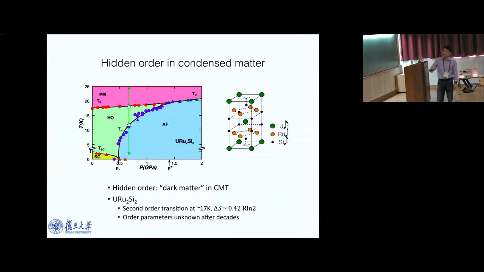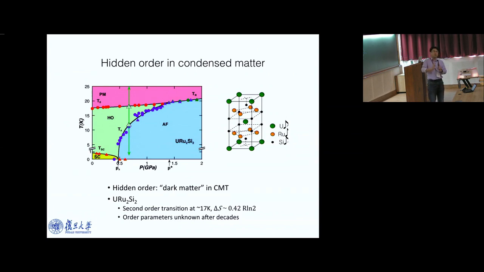And if you integrate the heat capacity versus temperature, you find that there is a huge entropy drop across this phase transition. Apparently, the system loses entropy to some ordered state, and they call this state a hidden order, because the experimentalists who work on this know the system develops some kind of order, but they do not know what precise order the system developed. So the entropic measurement tells that the system really orders.